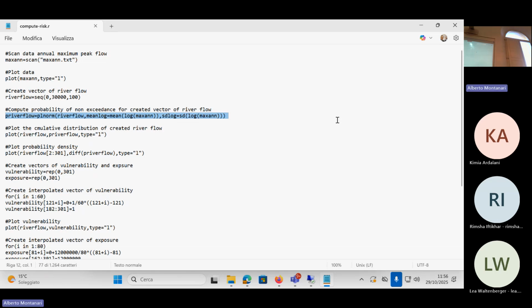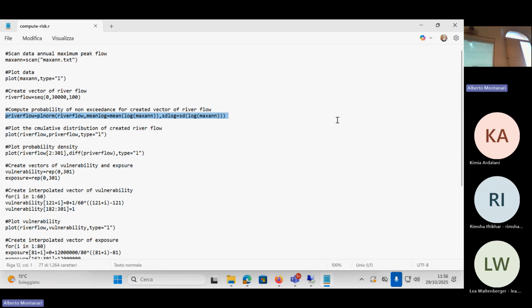And of course, you have to give as argument of the function the vector for which you want to compute the probabilities, the just created river flow, and then you have to give the mean and the standard deviation of the data.